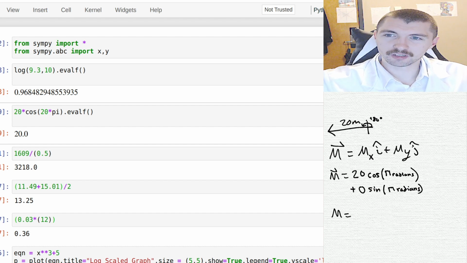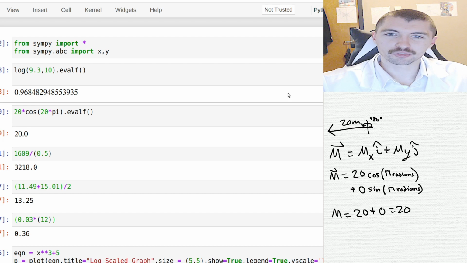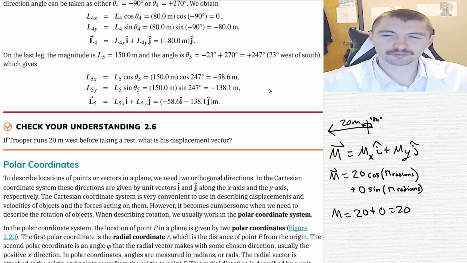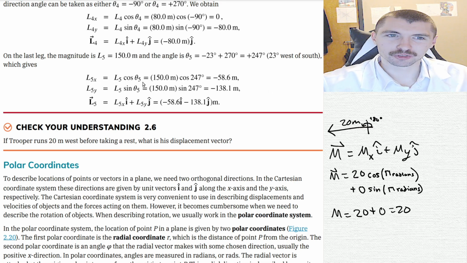So m is 20 plus 0. Pretty trivial, but I'm just wondering how well this pattern holds true.